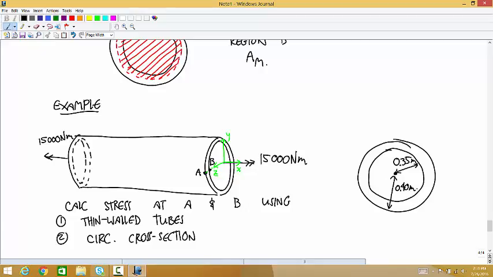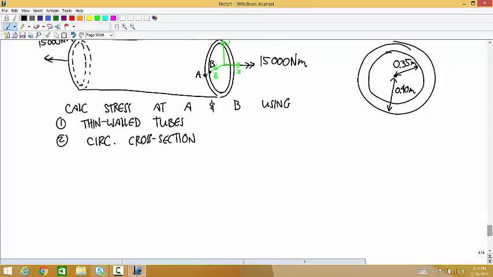Well, the whole length of the side is 0.8, so the thickness of the wall can be up to 0.08. In this case, the thickness of the wall is 0.05, so it fits in there, although it's getting sort of close to the boundary. The diameter of that thing is 0.8 meters.